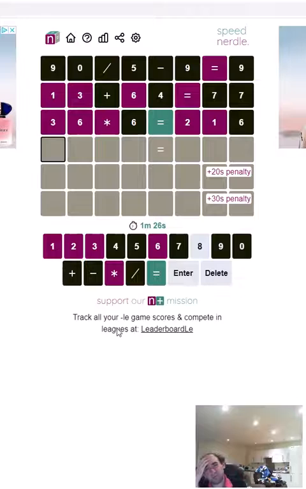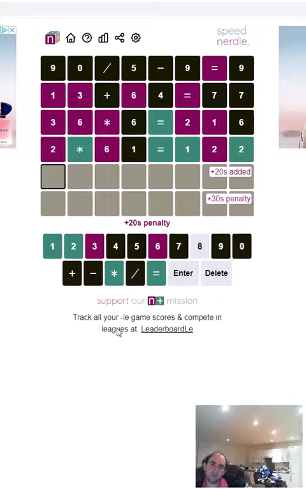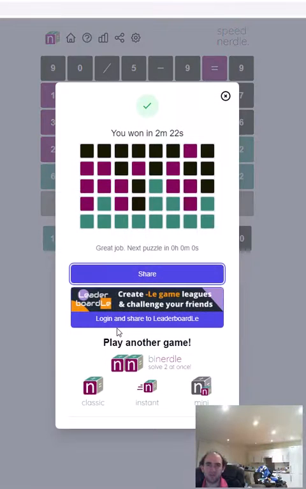I'm trying to do this as quickly as possible, but I'm also not going to guess something that can't possibly be correct, which narrows it down a heck of a lot by the looks of it. 2 times 61 equals 122. That could be correct. Okay, we're making progress. If it's 132, that's divisible by 6, so 6 times 22, I think that has to be correct, yeah.